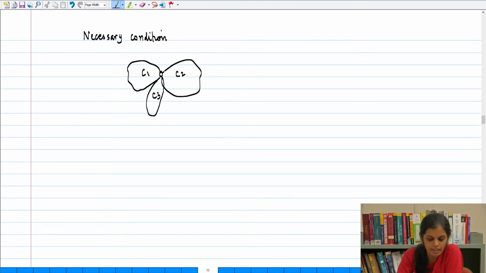But this cannot possibly be true because you have a whole component C2 to visit and a component C3 to visit. So clearly, if the graph is Hamiltonian, it cannot have a cut vertex, correct? So we will go a little further. Everybody okay that it cannot have a cut vertex? Okay. So now let us look at what we saw yesterday, bipartite graphs.